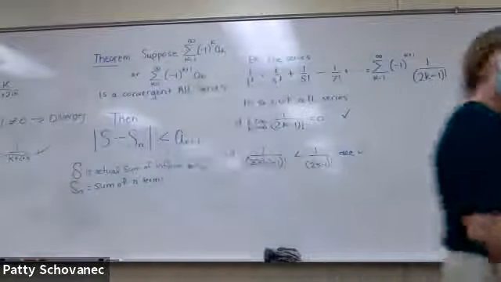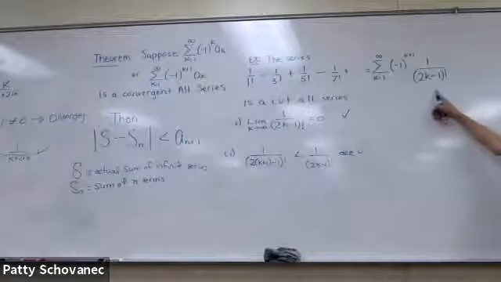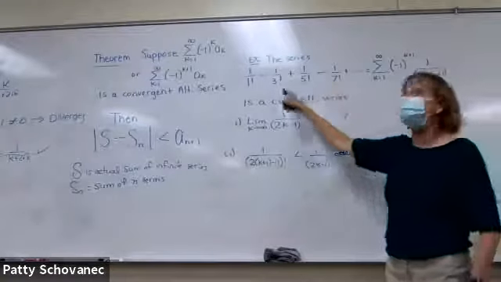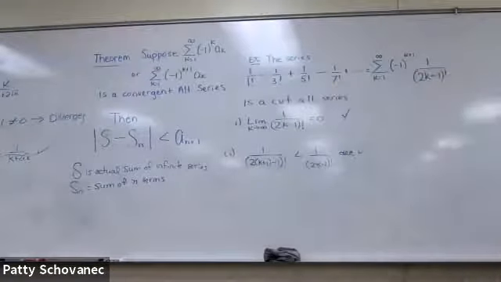If I want to approximate the sum of this series to a certain number of decimal places, I just start looking at what these values are and see how small they are.